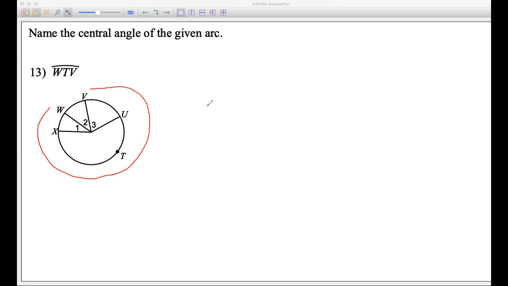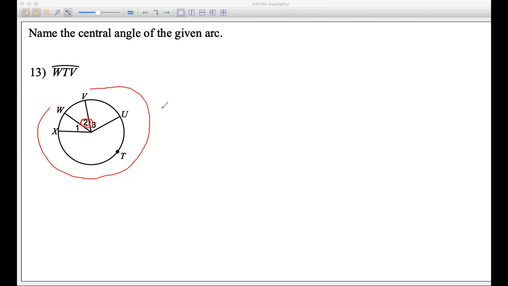There's only one angle there that defines that, and that is angle 2. No, angle 3 would leave you wondering which one that one is.